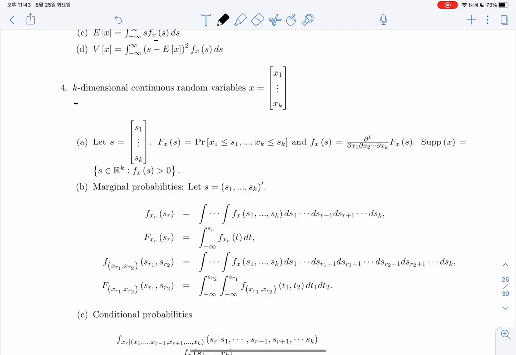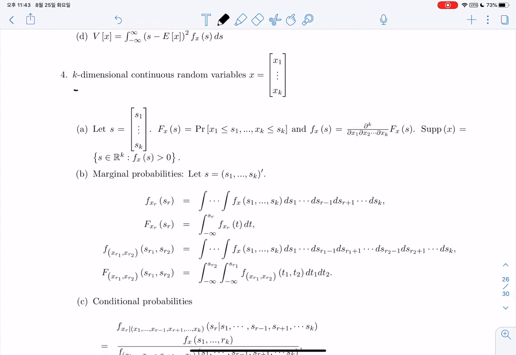The multivariate continuous random variable. For multivariate continuous random variable, the CDF has the same meaning. Okay, so this is in a sense probability that your x is less than s1, s2 up to sk, right?